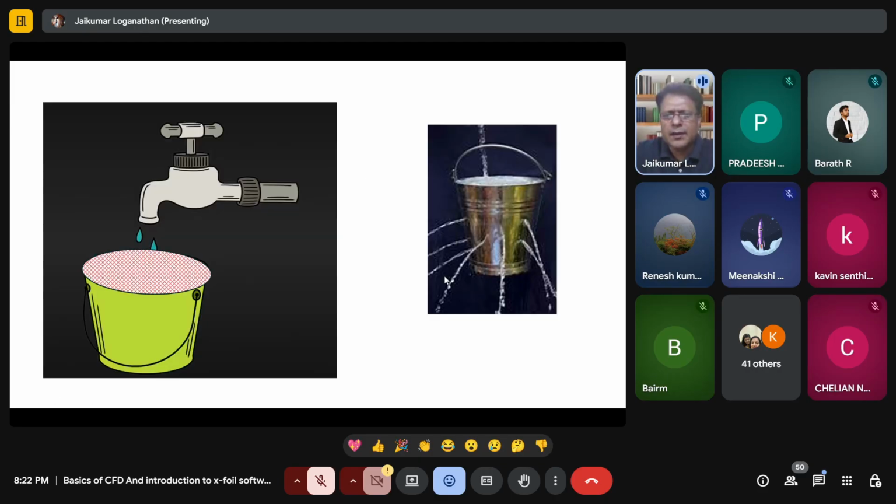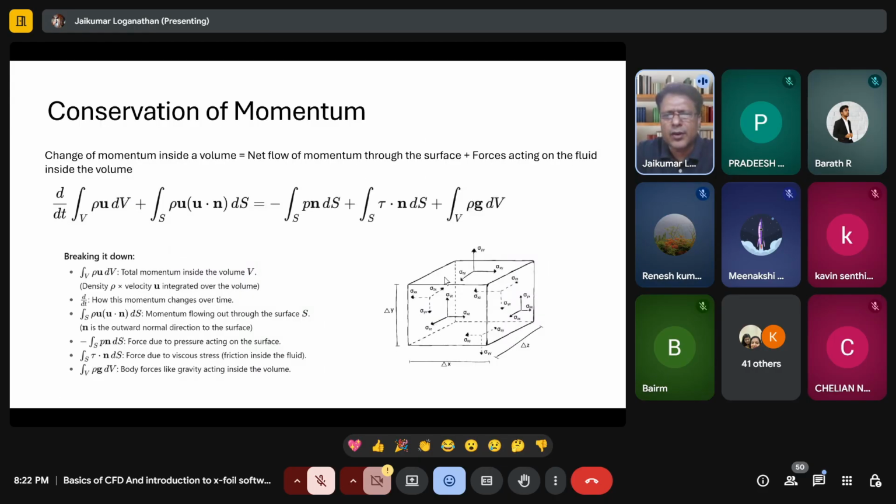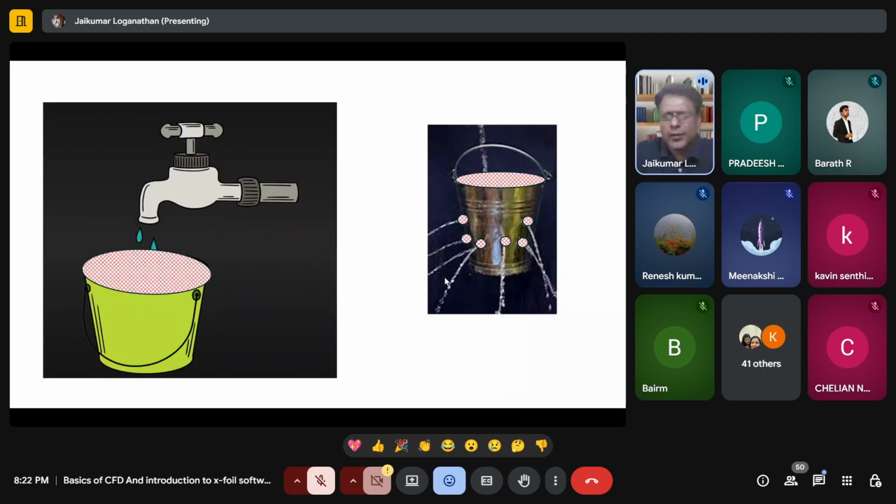I'll take a pause here. Any questions so far? Are you able to follow, or do you want me to repeat any of the terms that we discussed before? And how many of you have already started hearing about the Navier-Stokes equation? This is the seventh semester, right?